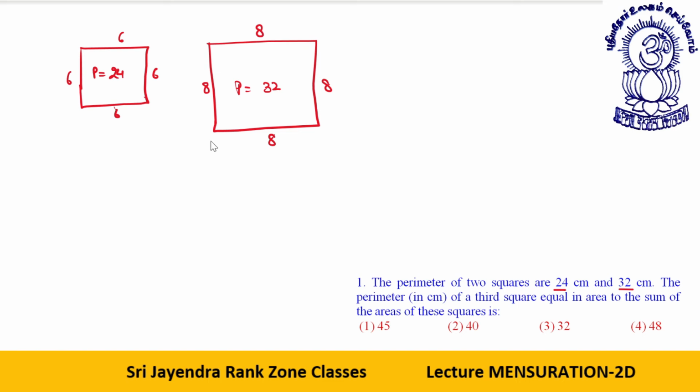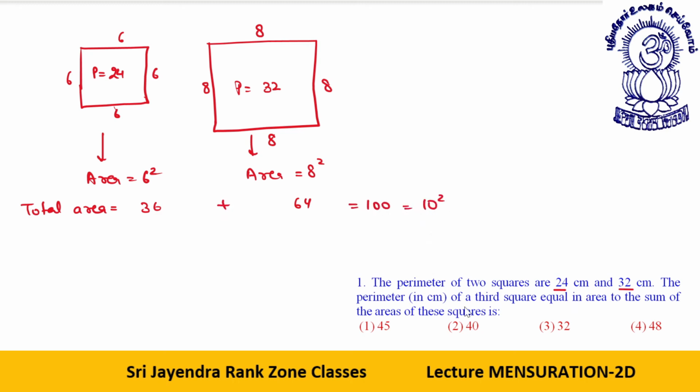Now the next thing is, what is the area? Area is equal to 6 square, that is 36. 8 square, that is 64. Total area is equal to 100, is equal to 10 square.